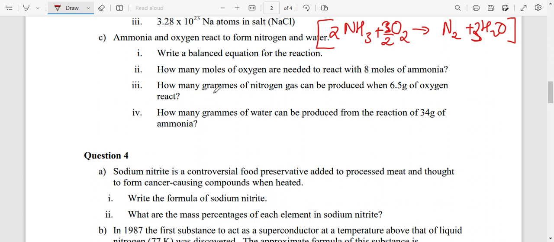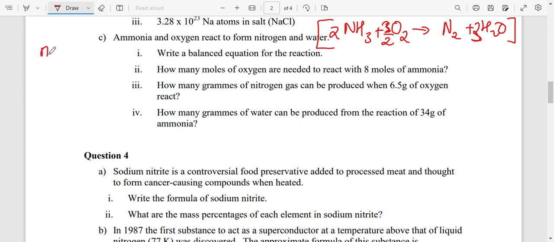Okay, let's consider now how many moles of oxygen are needed to react with 8 moles of ammonia. From the balanced equation we've seen that 4 moles of ammonia... let me actually write it in another form.